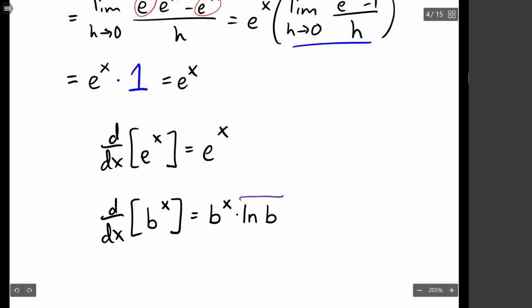This thing here, this is just a number. So it's basically b to the x times a certain number. Again, we'll talk a bit later why that's true. It involves using some of those properties we talked about for logarithms, as well as something called the chain rule. So we'll leave this here, and the next one.